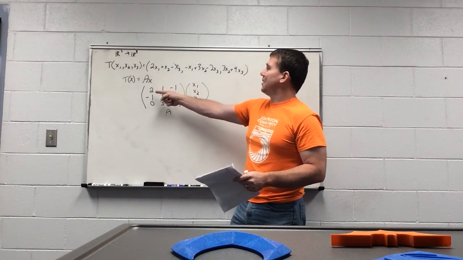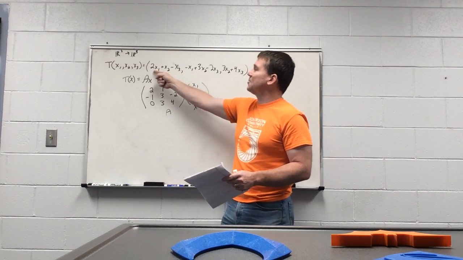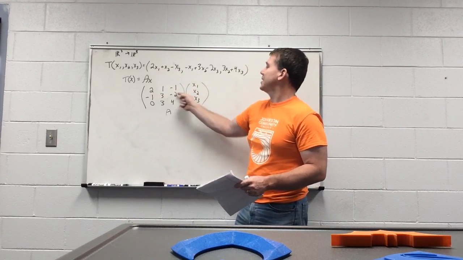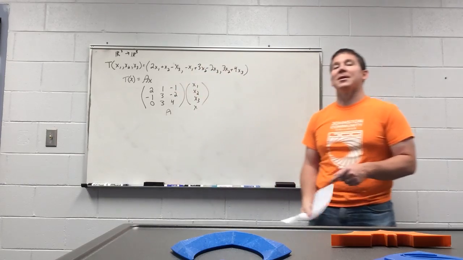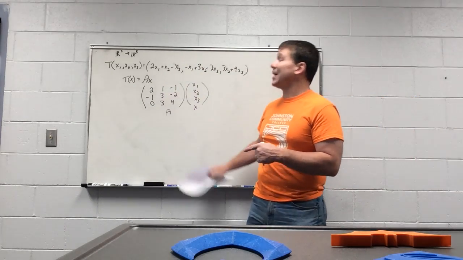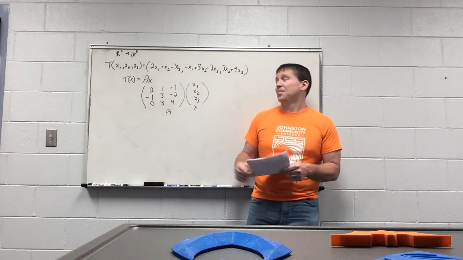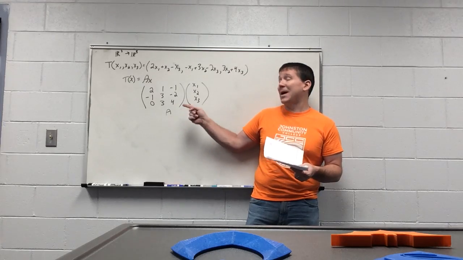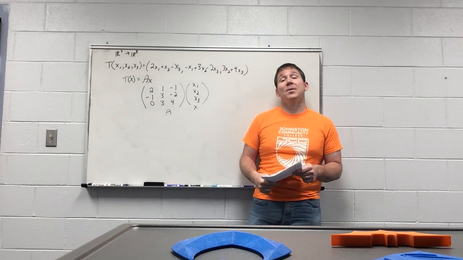All I'm actually doing here is, for the first row, taking x sub 1, x sub 2, x sub 3 and finding the coefficients: 2, 1, negative 1. Second row, negative 1, 3, negative 2, etc. And it gives me a nice way to write out my matrix A. All things being equal, this is a nicer, neater way to write out a linear transformation than writing all of that out.